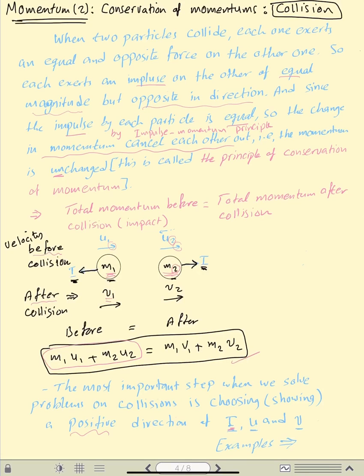Mainly we'll be using today a law, the principle of conservation of momentum. When two particles collide or impact, each one of the particles acts on the other with a force equal in magnitude but in opposite direction.